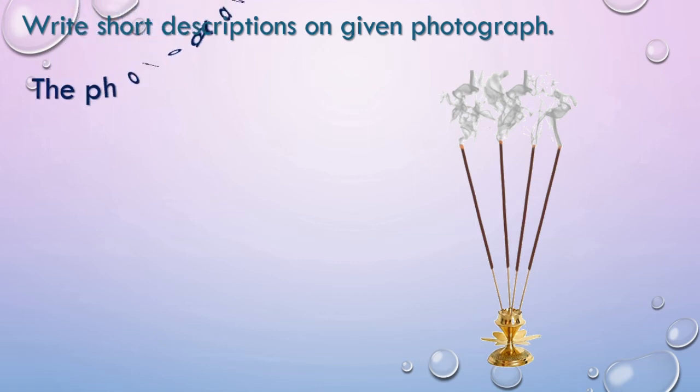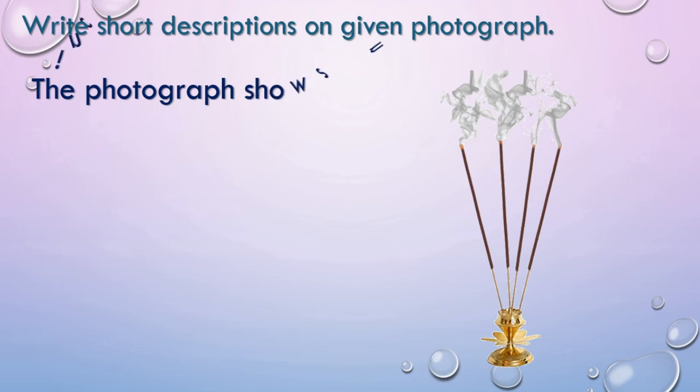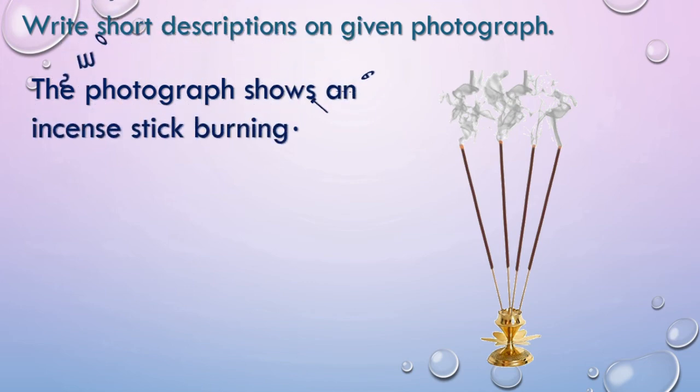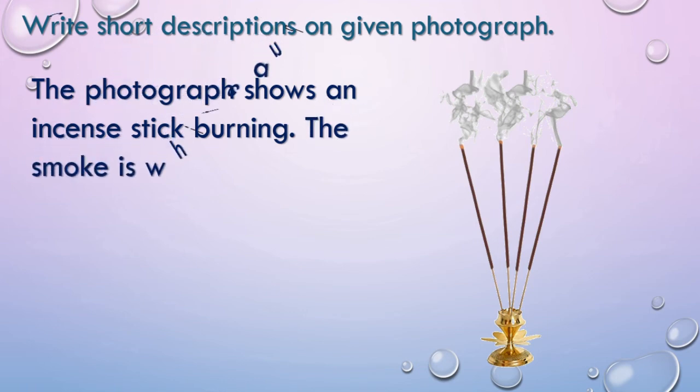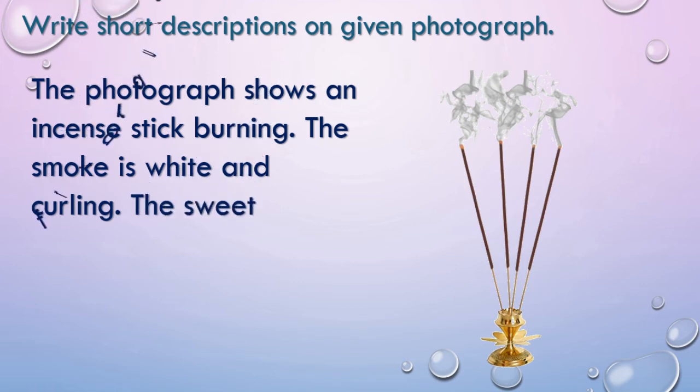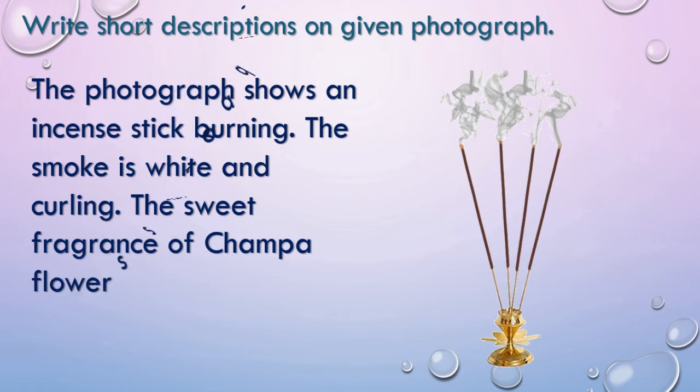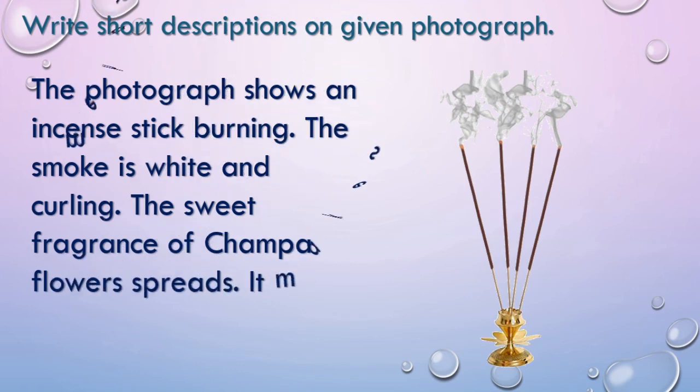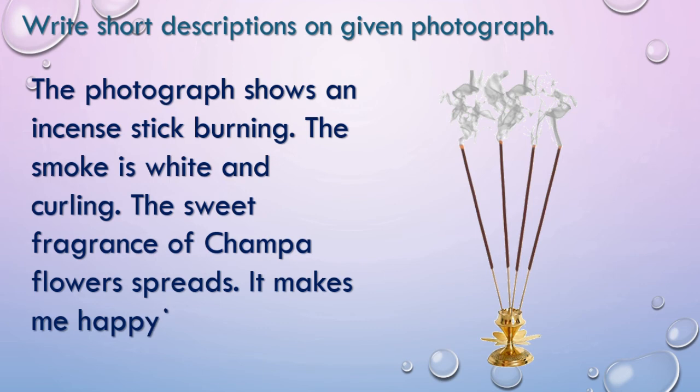First, let us begin to write the description. Okay, the photograph shows an incense stick burning. Right? The smoke is white and curling. Whatever we can see in the picture, that we have to write. The sweet fragrance of champa flowers spreads. It makes me happy. Here we have used our eyes to see the incense stick burning and the smoke, correct?